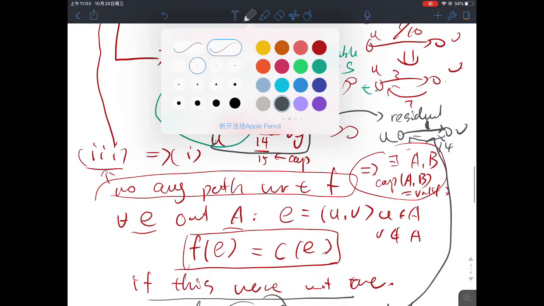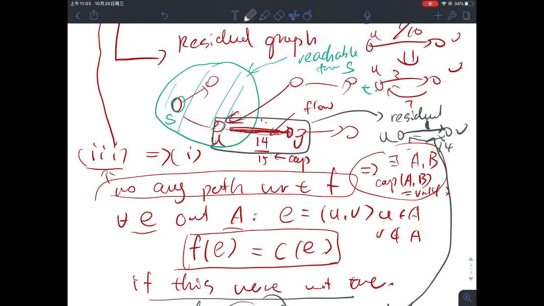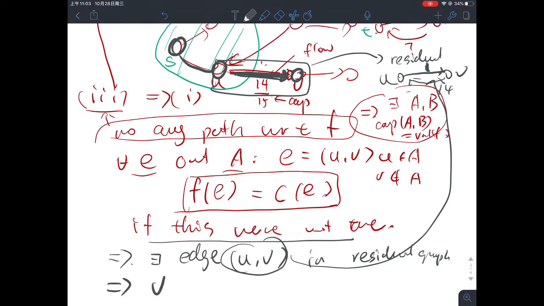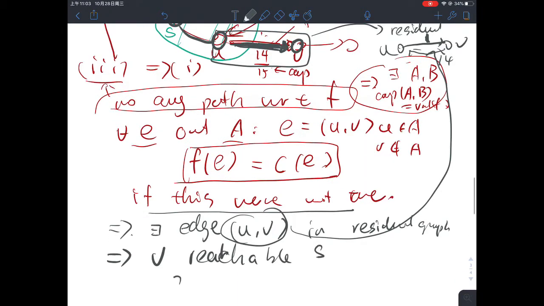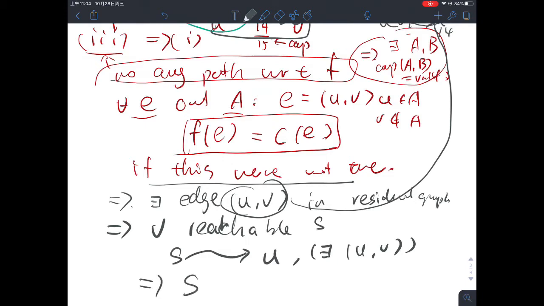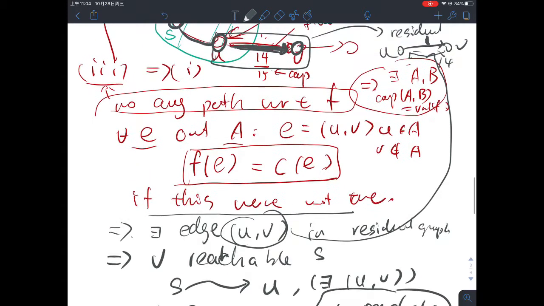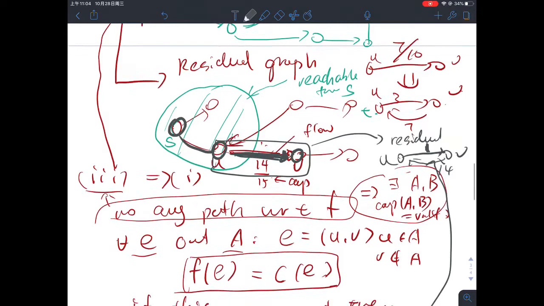Now the contradiction starts to be self-evident. When there's an edge connecting from U to V, and U is reachable from S, then V would also be reachable from S, because we can use S to travel to U, and there's an existing edge from U to V. But when we say V is reachable, that contradicts the way we picked the edge.